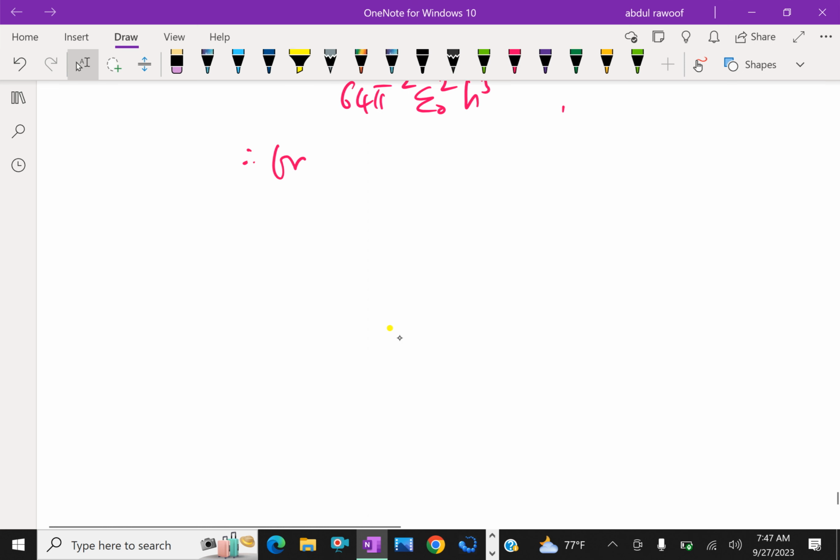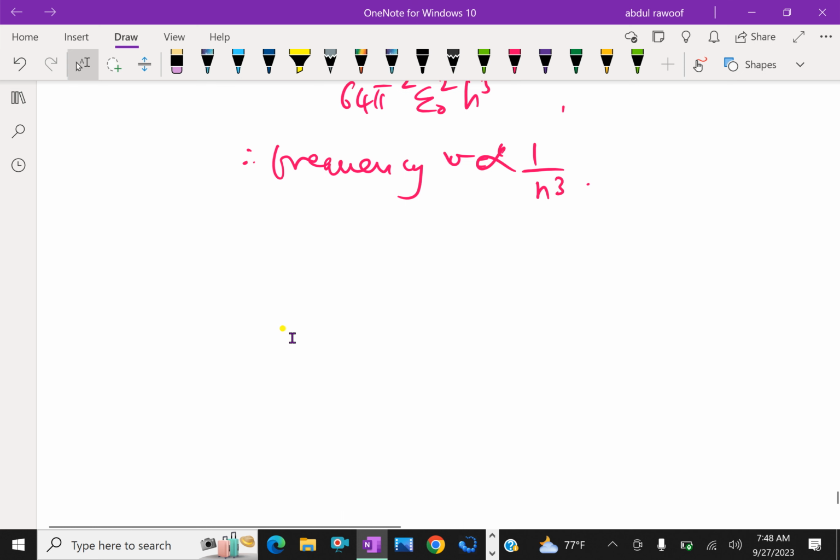Therefore, frequency is inversely proportional to n cube, where n is the quantum number.